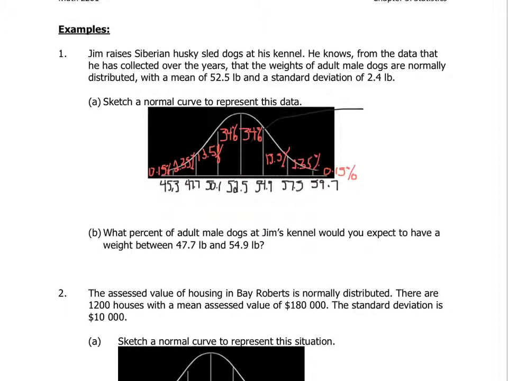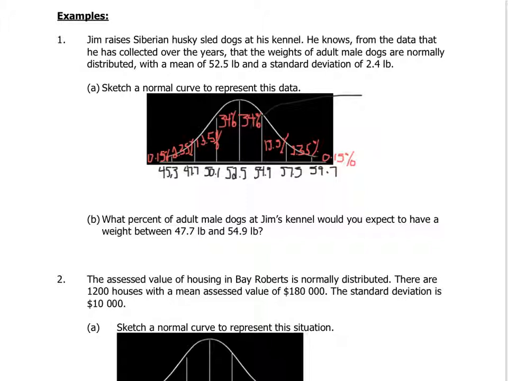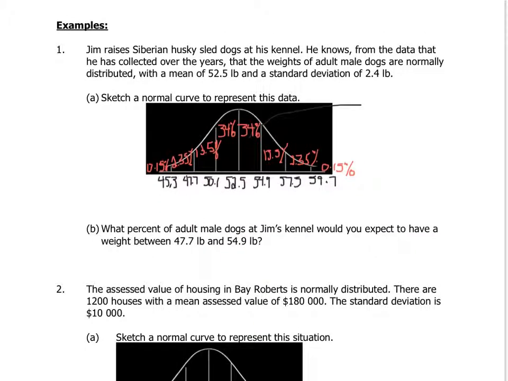So the next question says, what percent of adult male dogs at Jim's kennel would you expect to have a weight between 47.7 and 54.9? If you look, 47.7 and 54.9 are between these two lines here. So that would mean your answer would be 13.5% plus 34% plus another 34%.